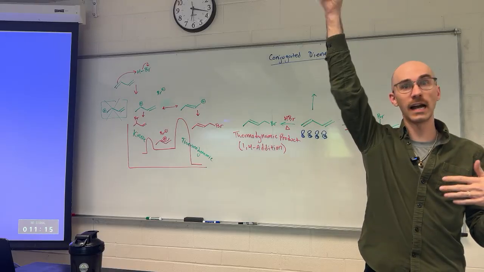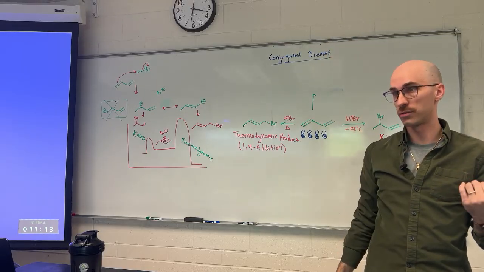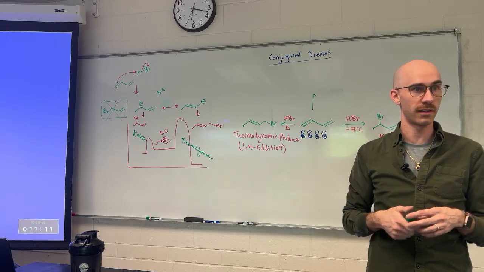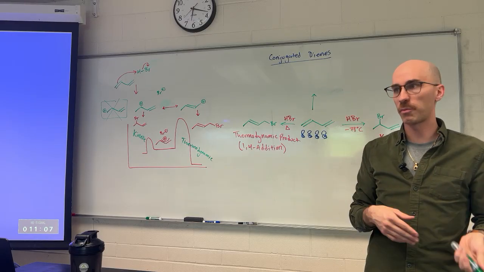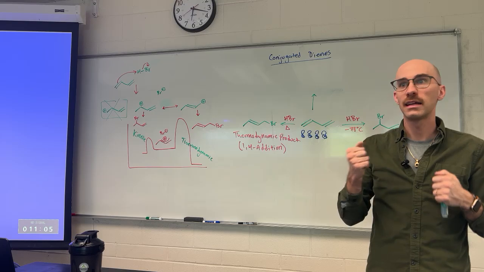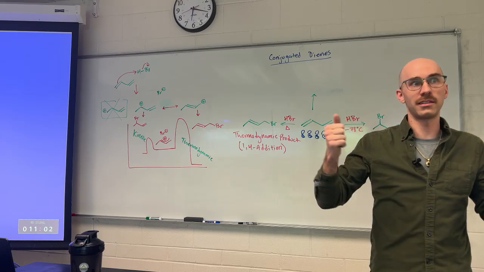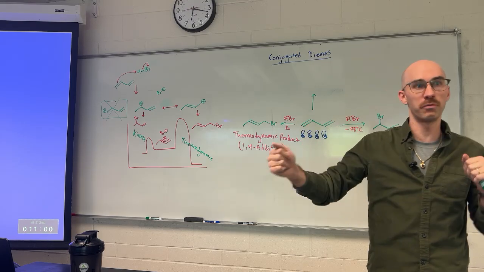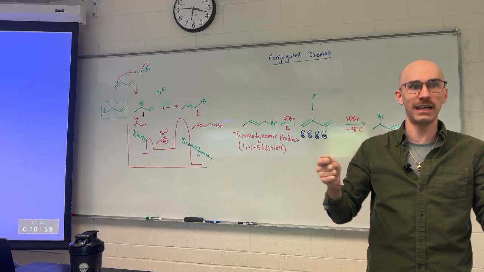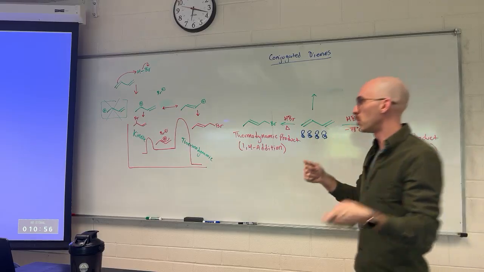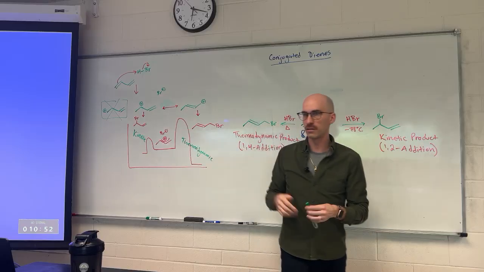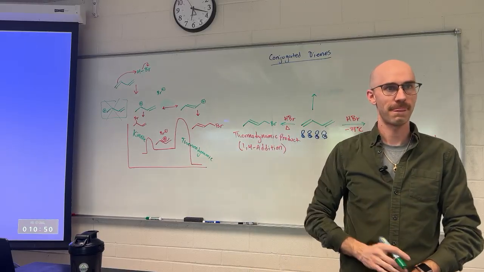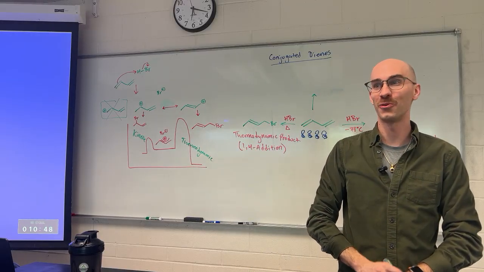It has the highest highs and the lowest lows. That is the thermodynamic product. Other students of mine tell me that they remember kinetic better because kinetic relates to kinesiology, to movement, to not having enough energy to really move other than the least amount of energy required. Cool, right?